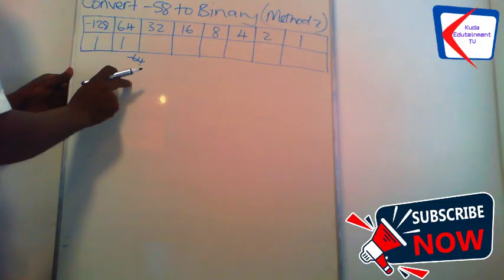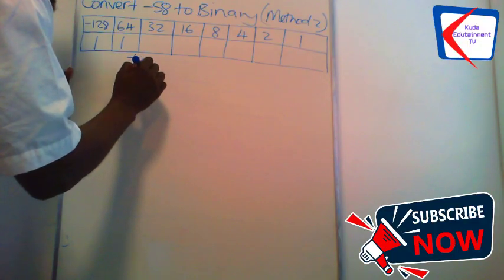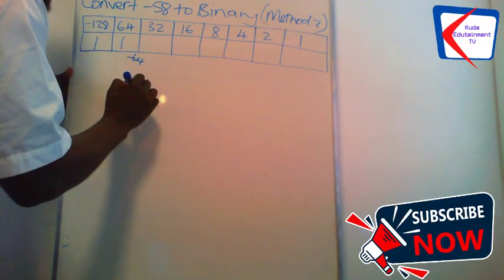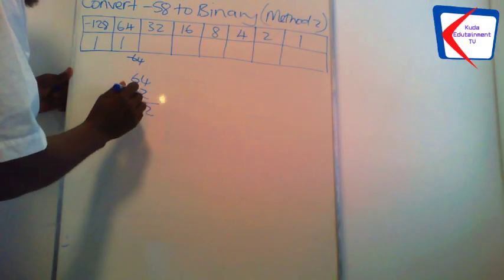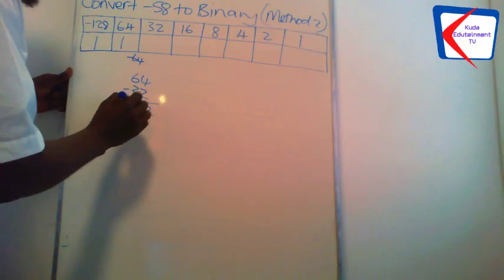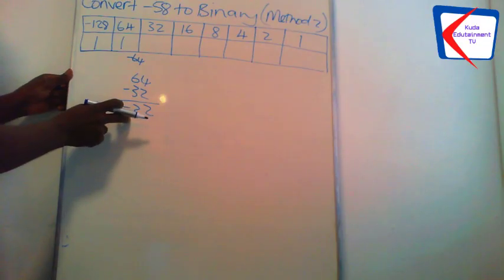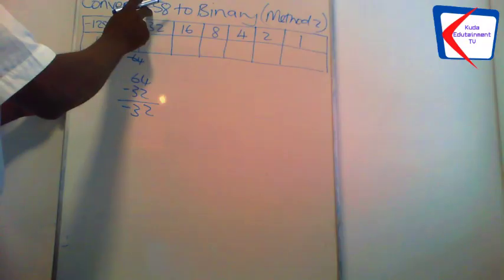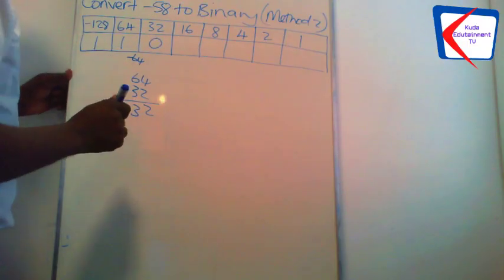It's 64 minus 32: 4 minus 2 we get 2, 6 minus 3 we get 3. We get negative 32. Negative 32 would be greater than negative 58, so therefore we switch off 32.